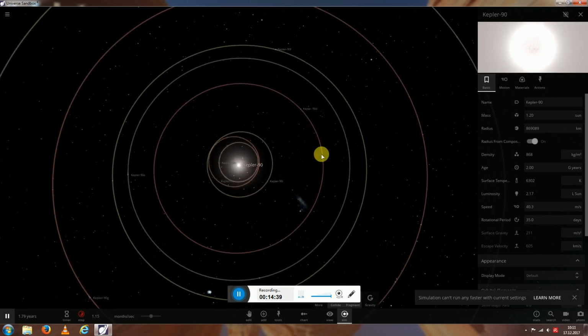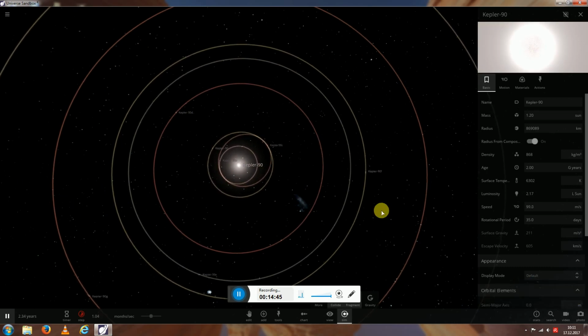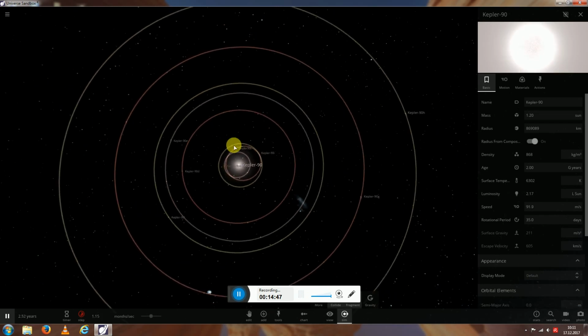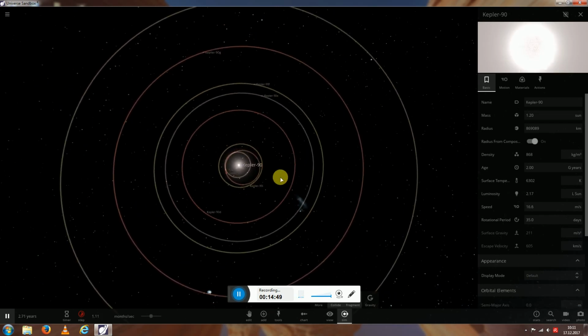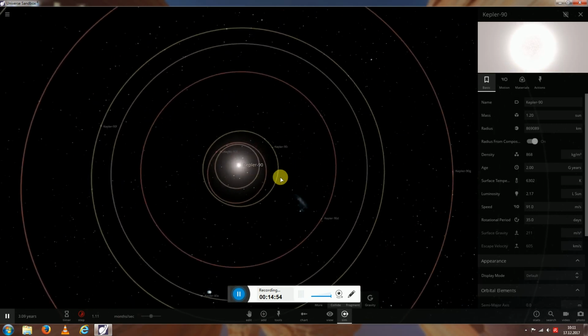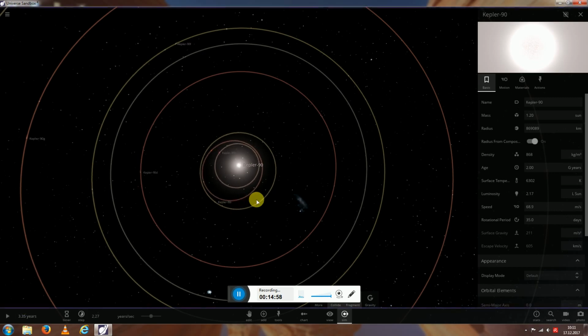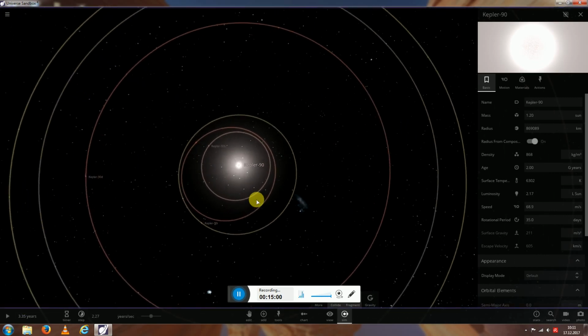Okay, so we are now at just over 1 month per second, and oh my gosh, the inner planets are already out of whack. The 3 inner planets here are already completely out of whack. Okay, let me just pause it here. Normally, if you have planets that are in orbital resonance, this should not happen.